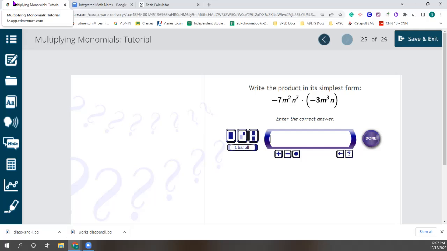So we separate everything out. -7 multiplied by -3 multiplied by m squared multiplied by m to the third power multiplied by n to the 7th multiplied by n, and it's just a 1. Okay, -7 multiplied by -3.